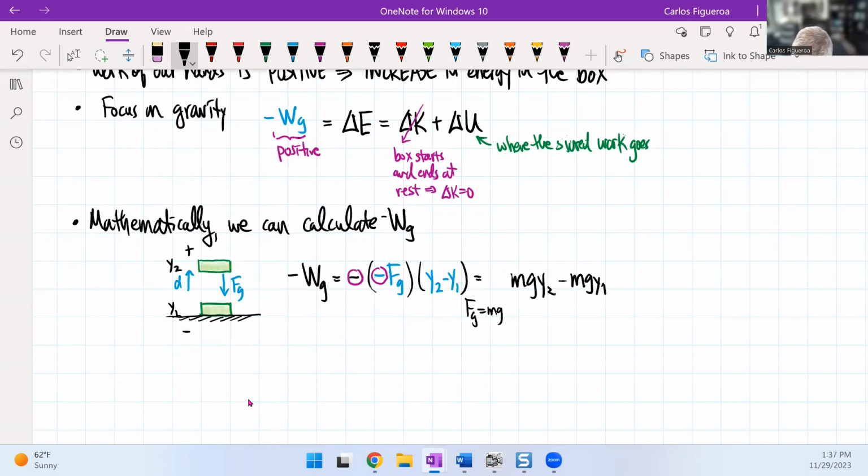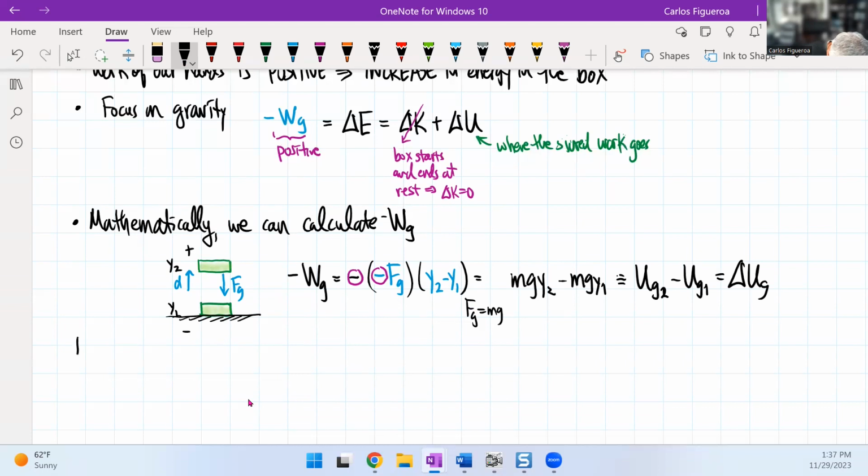Because this shows up so much, we define this as the gravitational potential at 2 minus the gravitational potential at 1. And this is our change in gravitational potential.